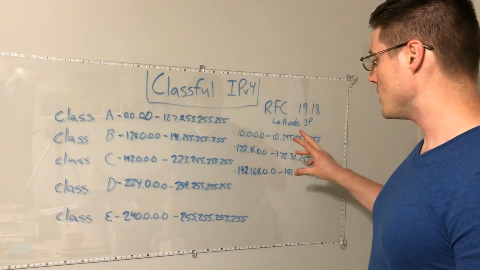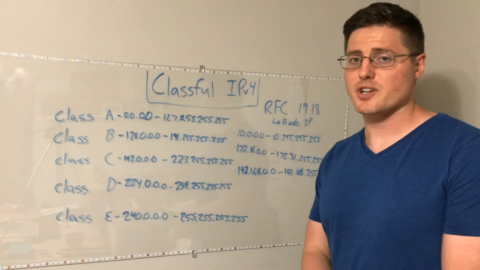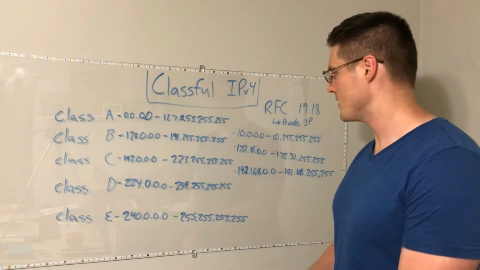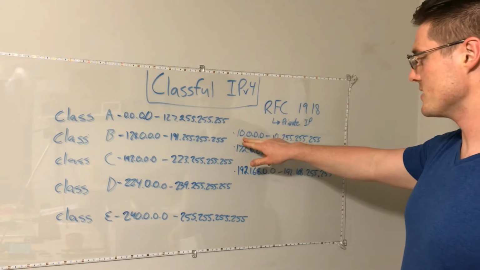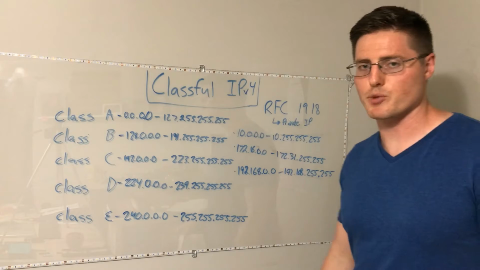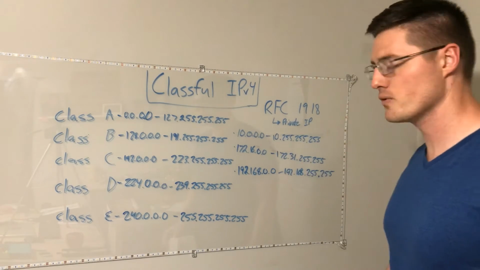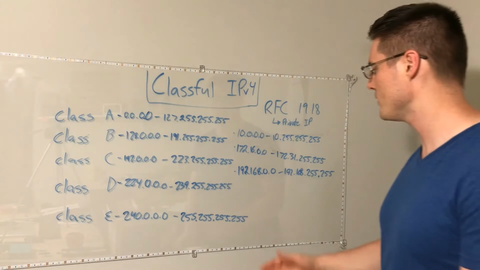When you're talking about private IP addresses, what the industry uses behind their NAT is going to be 10 to its broadcast address, which is 10.255.255.255.